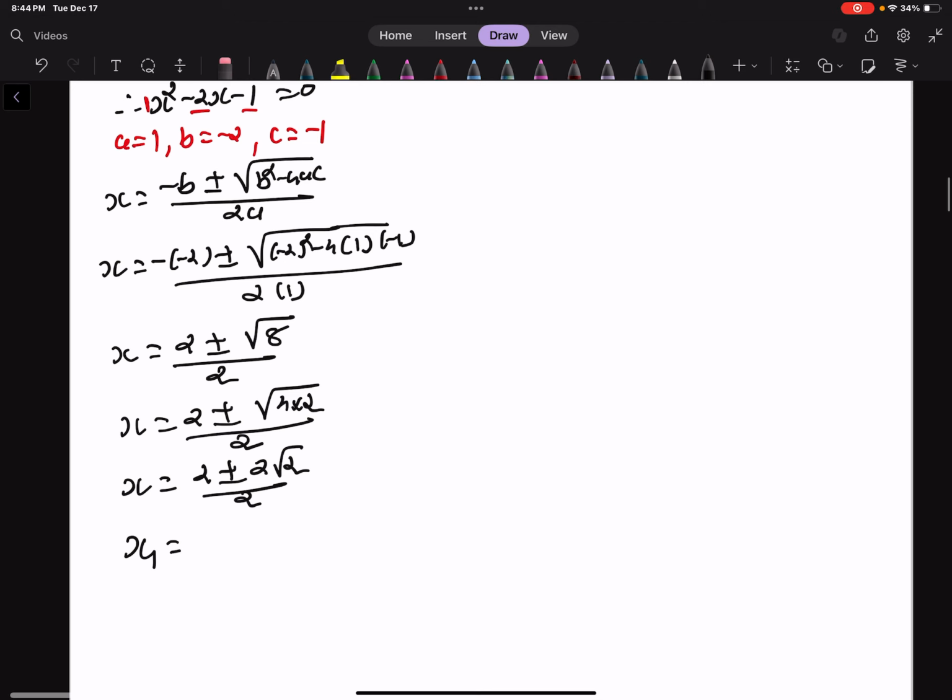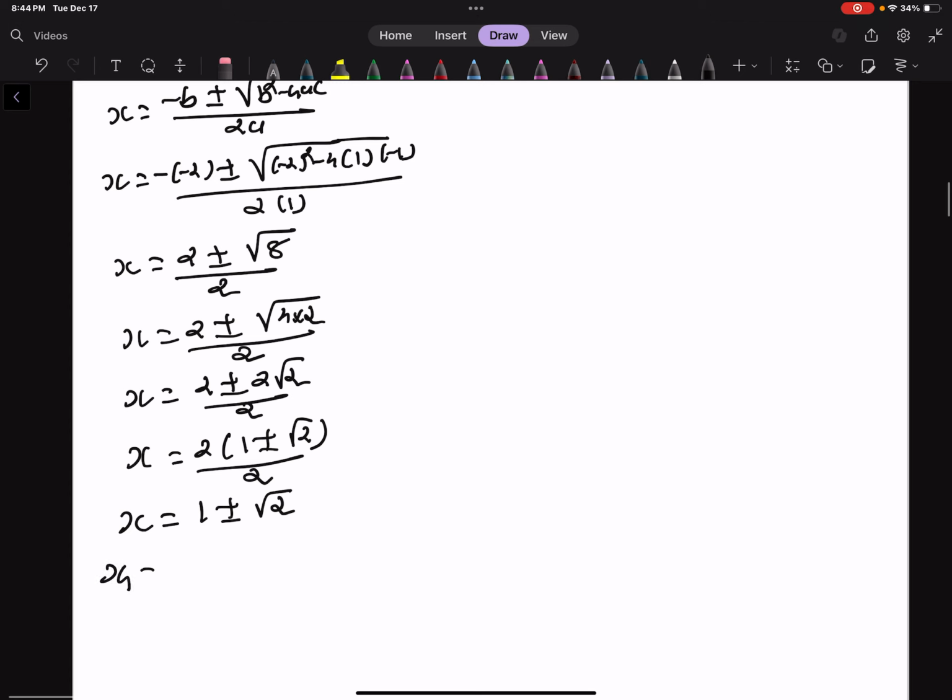Take a 2 common. You can simplify more, either you divide both by 2. So x equals 1 plus or minus root 2. So here we have two different values of x: x1 is 1 plus root 2, and x2 is 1 minus root 2.